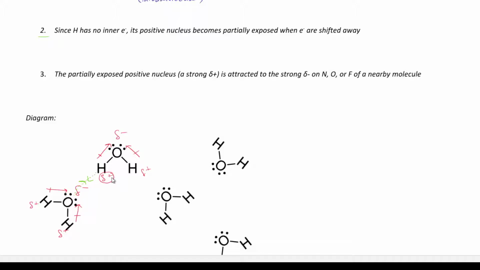And so this partially exposed nucleus, which is very positive, becomes strongly attracted to the delta negative. And so to be very clear, this green dotted line here, that is the hydrogen bond. Inside the molecule here is not the hydrogen bond.